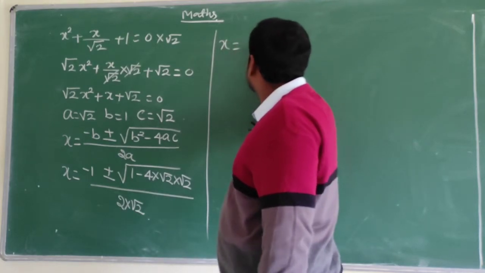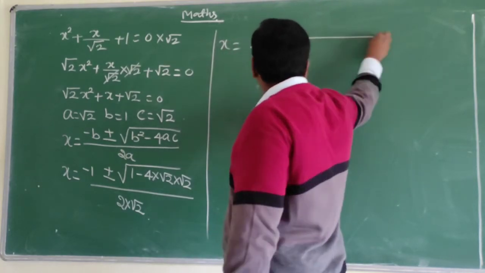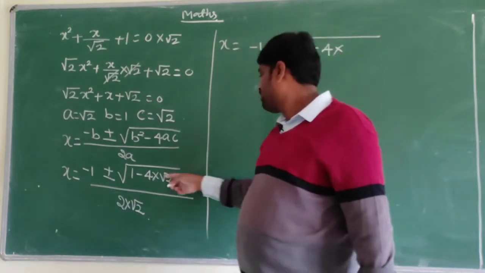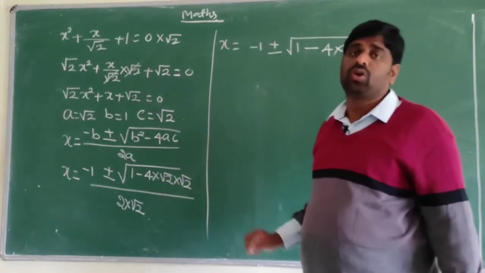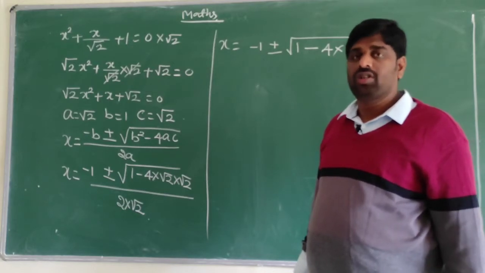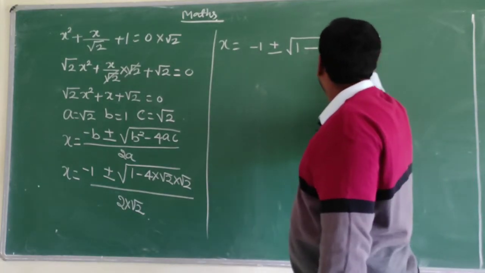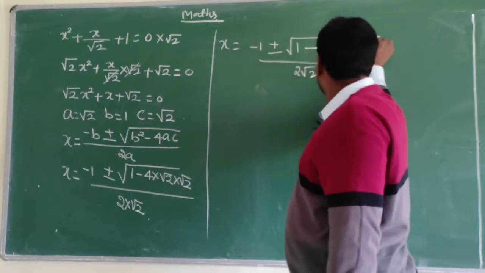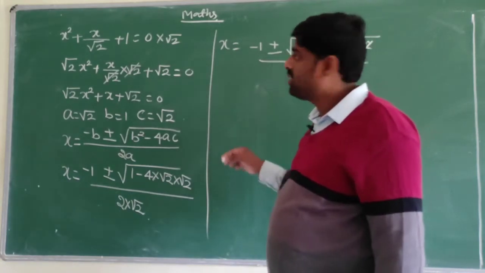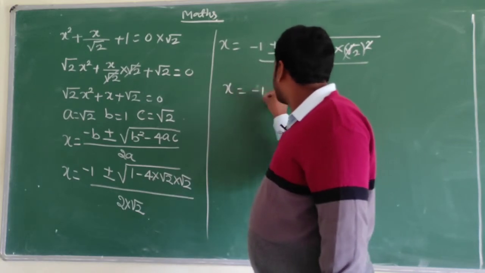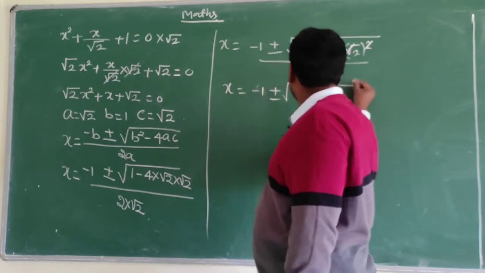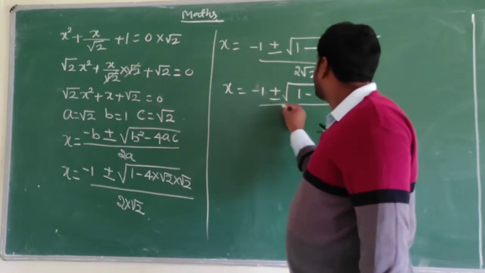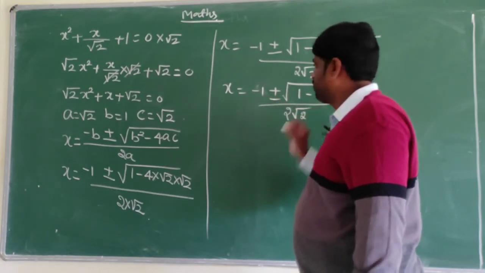That is x is equal to minus 1 plus or minus square root of 1 minus 4 into root 2 into root 2 whole square. Root 2 whole square divided by 2 root 2, the square root cancels. X is equal to minus 1 plus or minus square root of 1 minus 4 into 2 divided by 2 root 2.